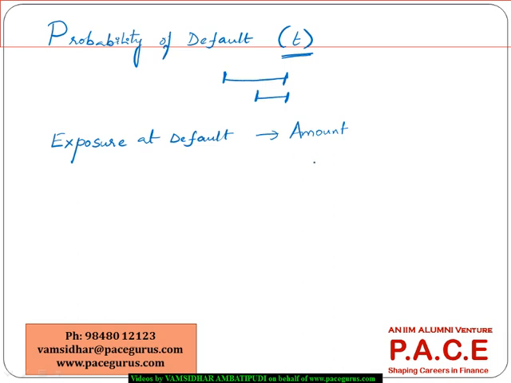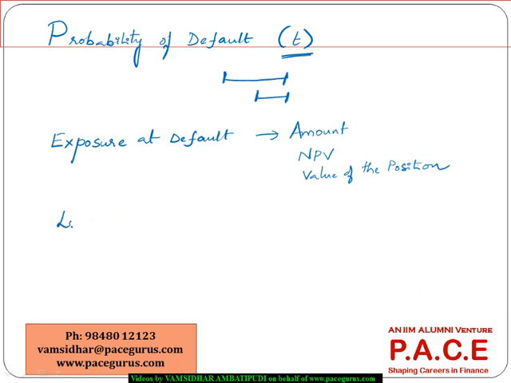But in case of derivative contracts, it is dependent on the NPV, the value of the position at that particular point in time. That is what will be taken as the exposure at default.